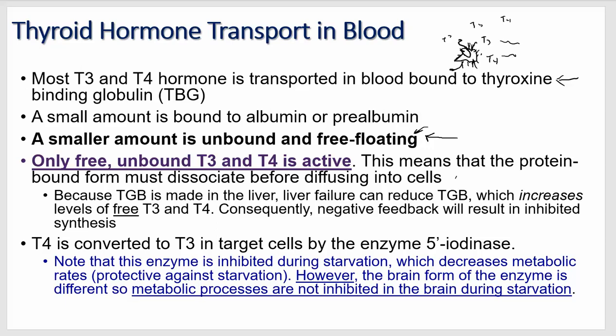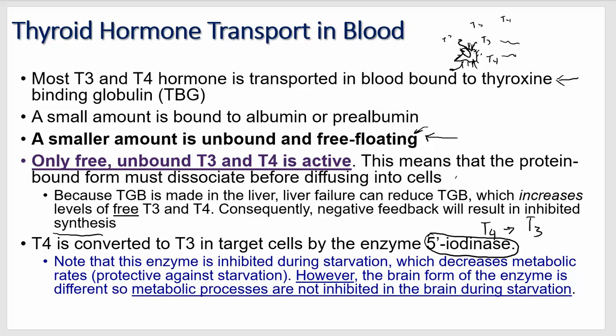All right, and then I mentioned earlier that T4 is converted to T3 in target cells by the enzyme called 5' iodinase. And I have a note here, this enzyme is inhibited during starvation. Okay, so remember T4 is less active. So this conversion from T4 to T3 is done by this enzyme, 5' iodinase, and that's going to increase that activity.